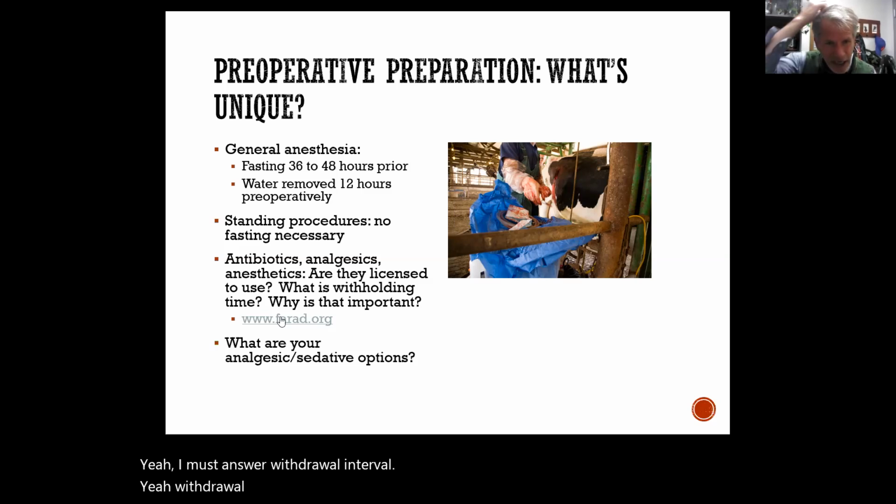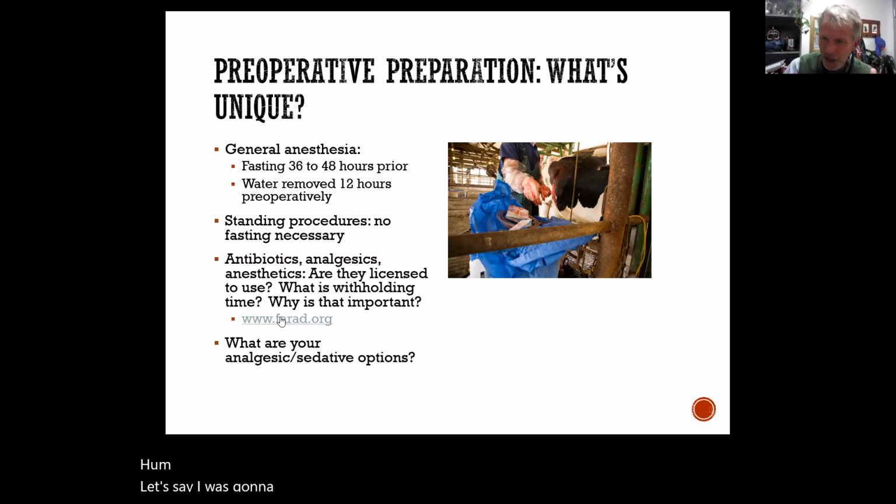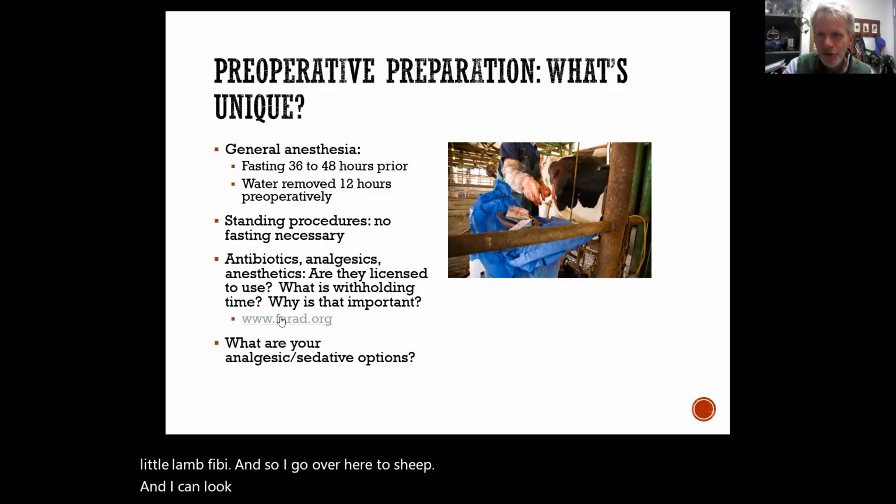So, for example, let's say I have to use penicillin. Let's say I was going to eat Fibonacci. This may not work, but let's say I really want to eat that cute little lamb, Phoebe. And so I go over here to sheep, and I can look up different drugs.